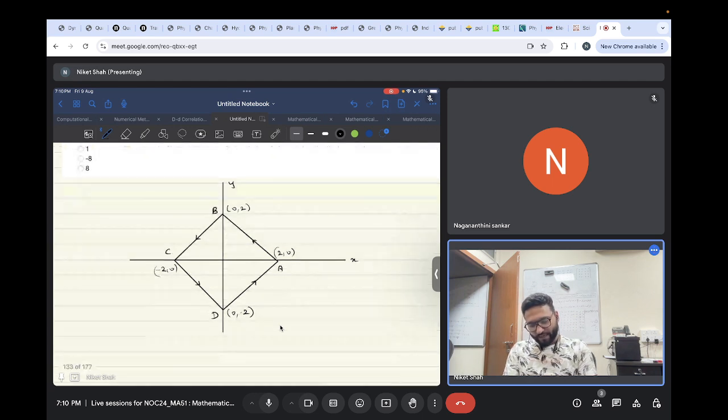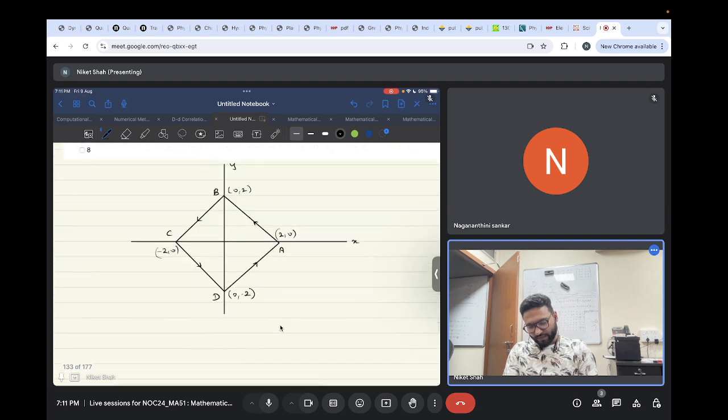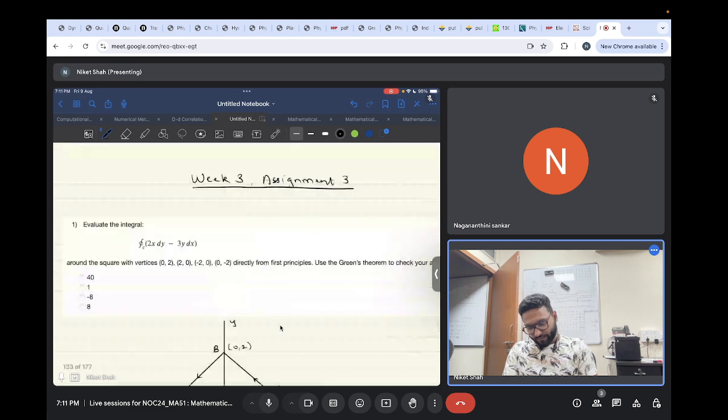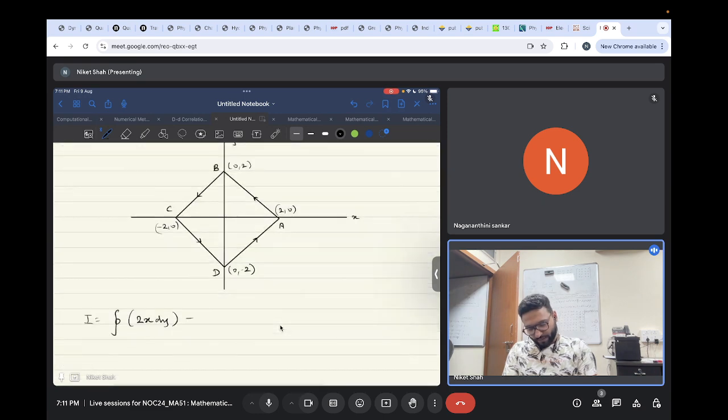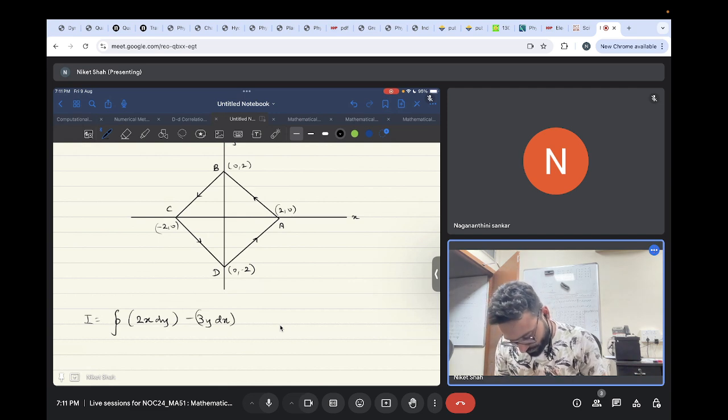So from A to B, what's the integral? I is equal to the integral over this contour of 2x dy minus 3y dx. So this is the integral we're supposed to evaluate.